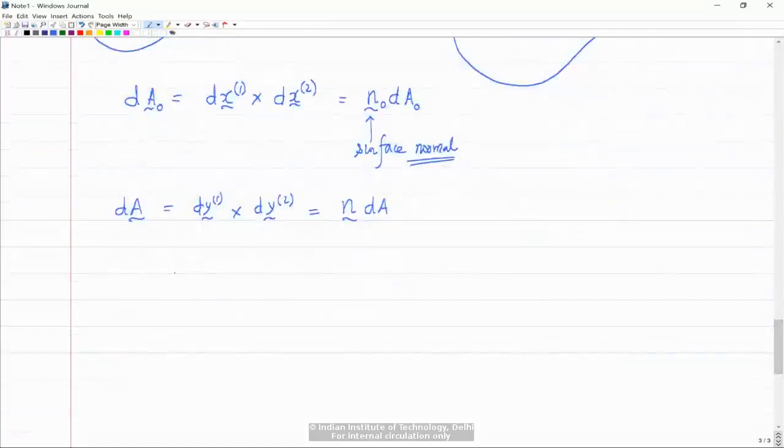So of course we move ahead by replacing dy with F dx, right? So this is same as F dx1 cross product F dx2. What should we do next?